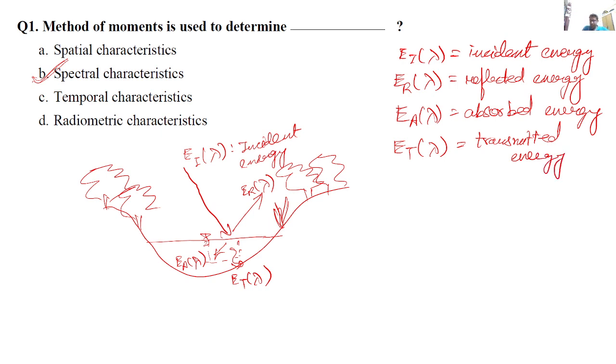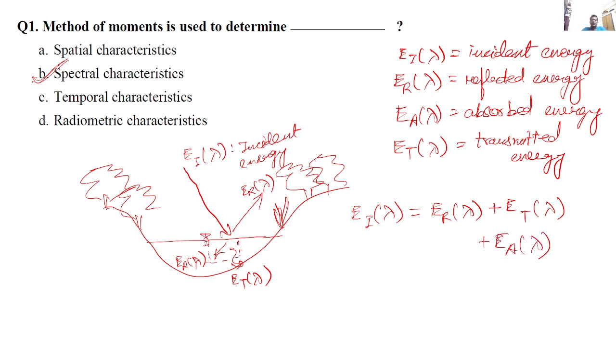So let us suppose we are writing an energy balance for this case. What would it be? The initial incident energy was EI lambda, and it can be fragmented into its different components. The components would be ER lambda plus ET lambda plus EA lambda. Why am I using lambda?